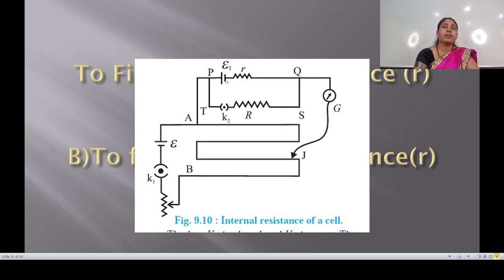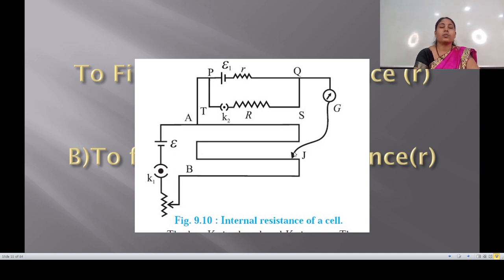Here E1 is the first EMF and r is the internal resistance, and in series with that EMF, R is connected. The key K2 is connected with the resistance R and to the point Q, and from the other terminal of Q a galvanometer is connected, and the positive terminal of the galvanometer is connected to the jockey.